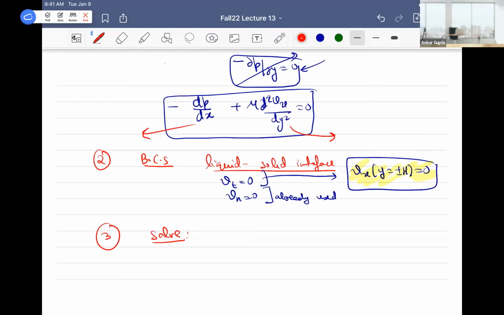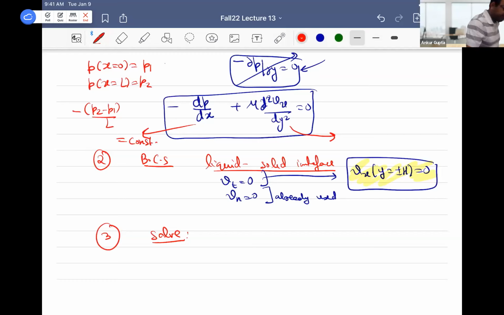Otherwise, I cannot generally write a function of x plus a function of y to be 0 unless both of them are constant. So that's why we can just say this is equal to a constant. And remember, I know the pressure at x equal to 0 is P1, and the pressure at x equal to L is P2. So you can even write this as minus of P2 minus P1 by L.